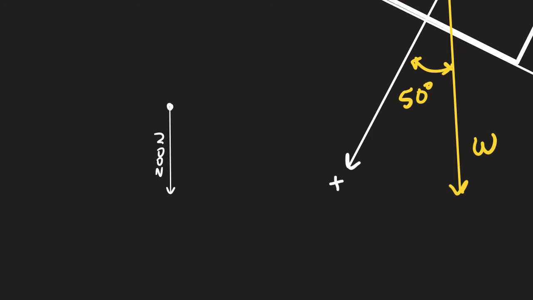Now, the box is in contact with the ramp, so there's a normal force. And the normal force should be drawn so that it is heading away from the ramp, perpendicular and away from the ramp.